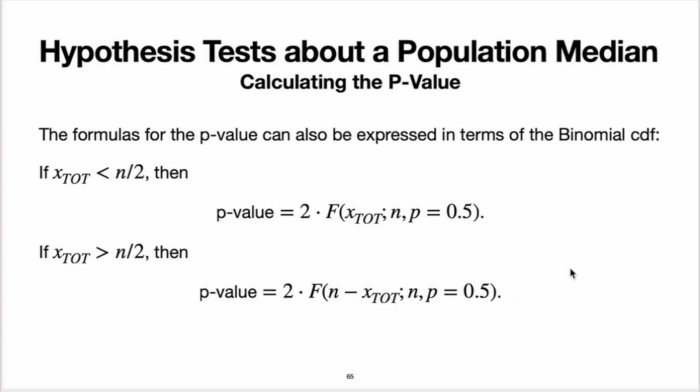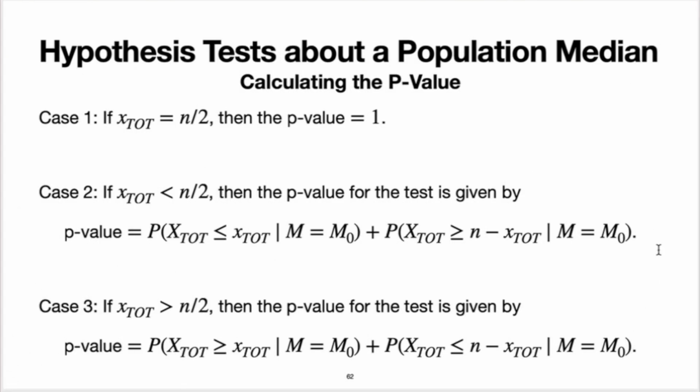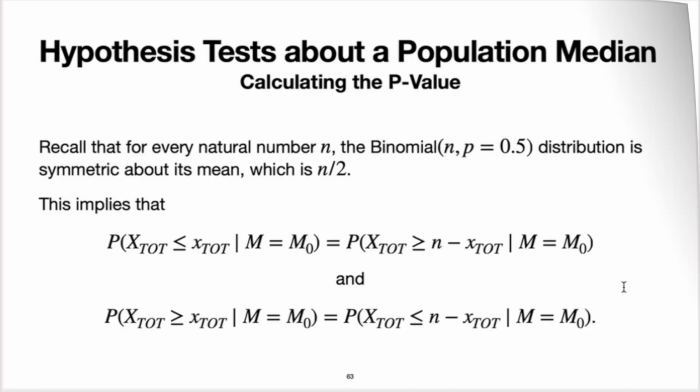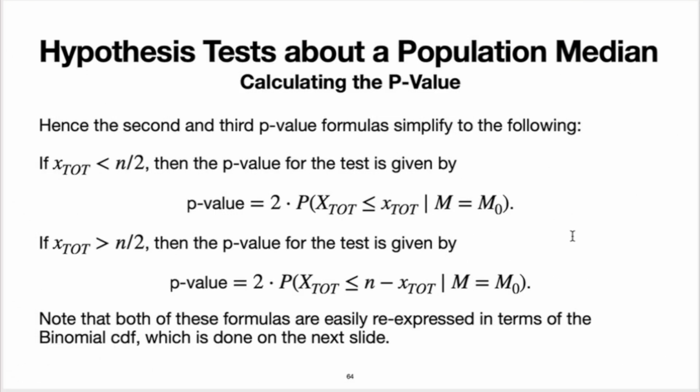So we've gone from these somewhat complicated formulas, using symmetry of the binomial distribution when p is equal to 0.5, which implies these equalities, to these expressions for the p-values. And I've expressed them this way because each of these probabilities is equivalent to an expression involving the CDF of the binomial distribution.